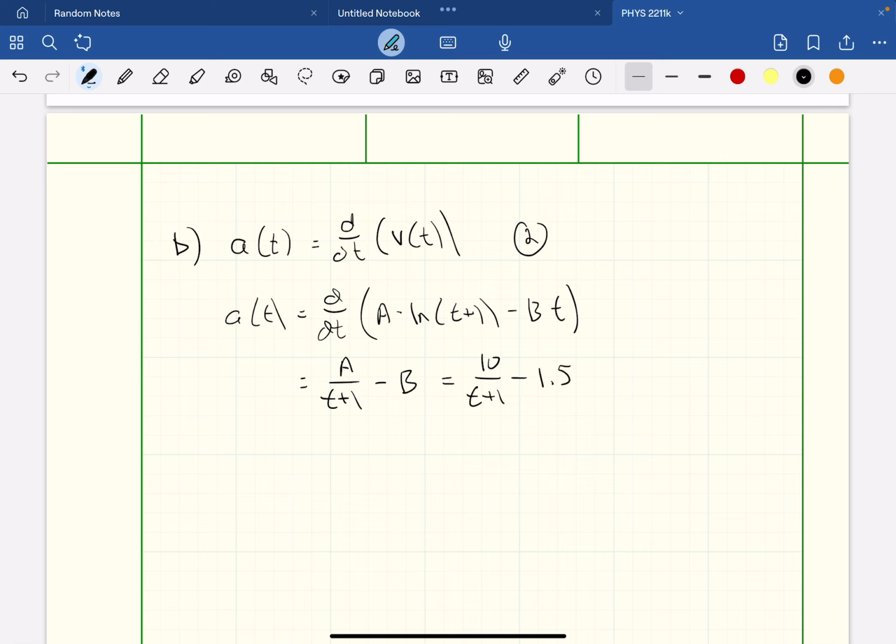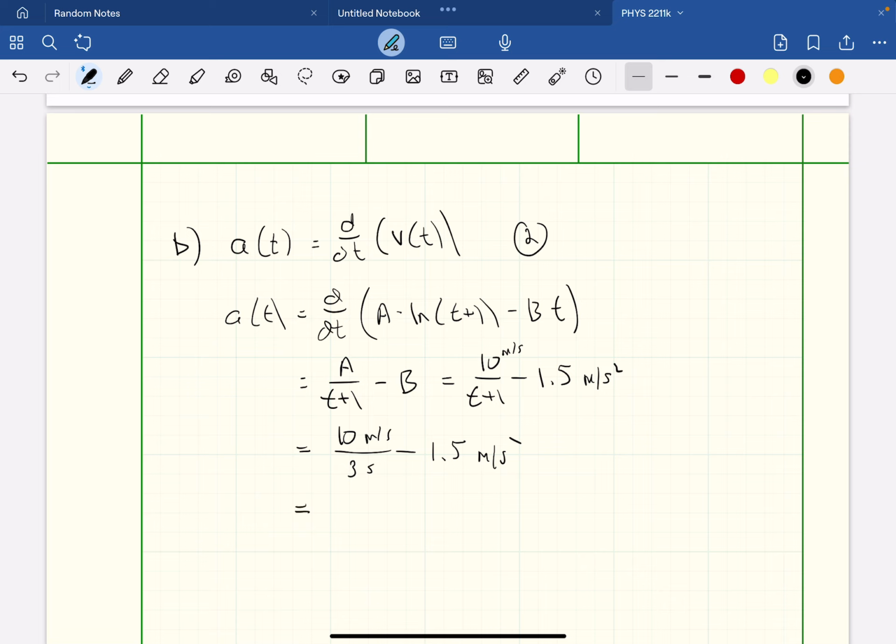And this 10 is meters per second, and this 1.5 is meters per second squared. And so we are going to end up with 10 meters per second divided by t equals 2. 2 plus 1 is 3, divided by 3 seconds, minus 1.5 meters per second squared.